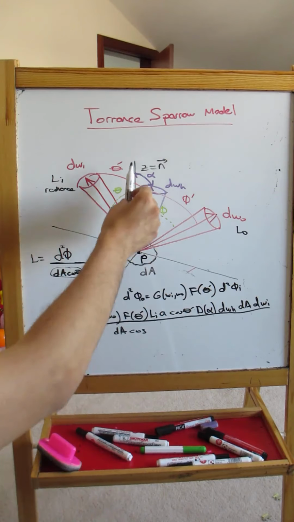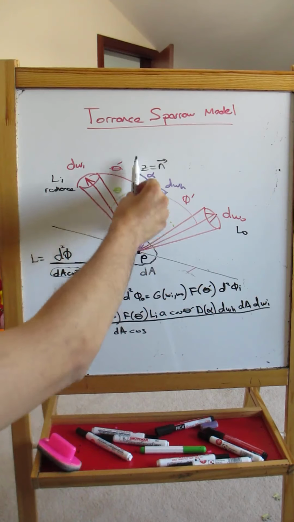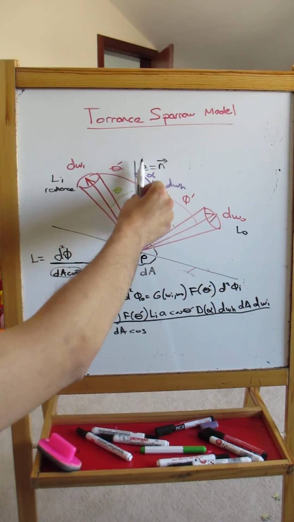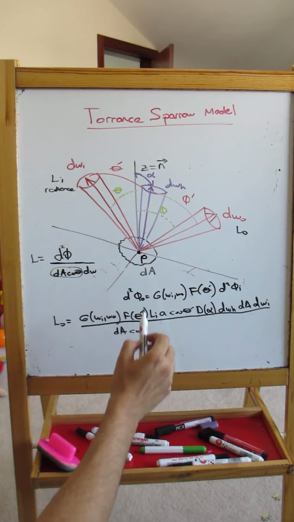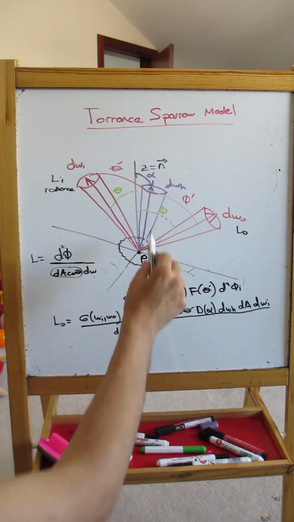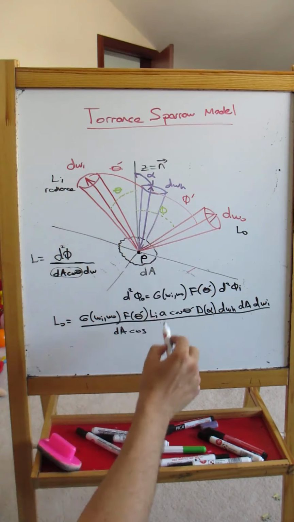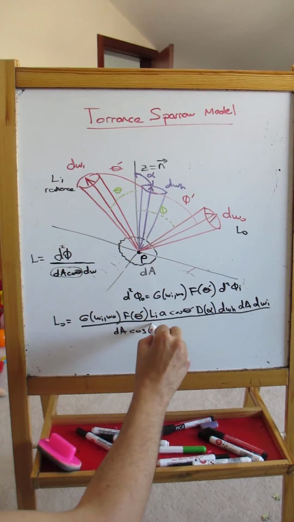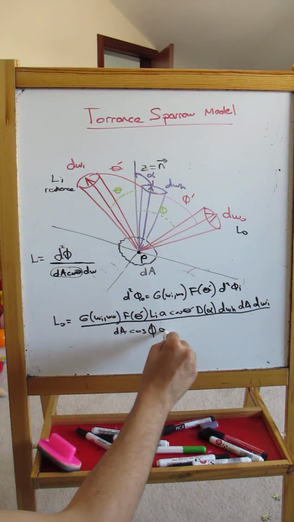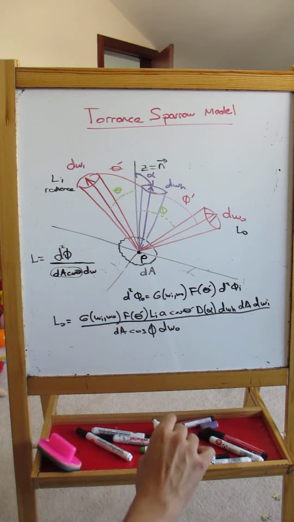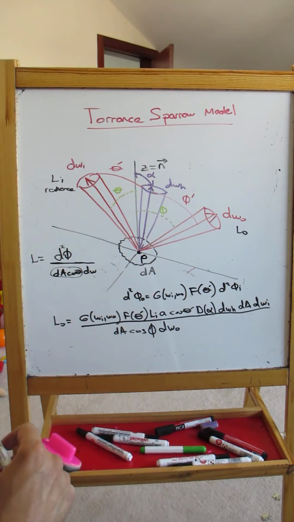Now this time we are going to use the real surface normal, okay. So this is basically cos, what is this angle here? Cos phi, I think, right? Cos phi. Okay, so this angle, cos phi, and then dWo. Okay, so this is the outgoing gradients.